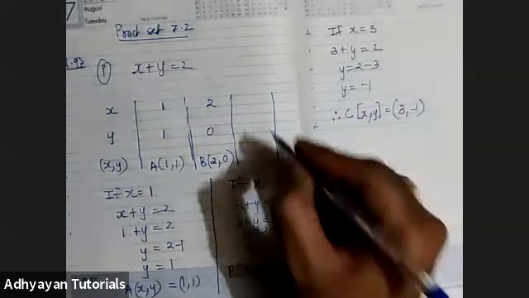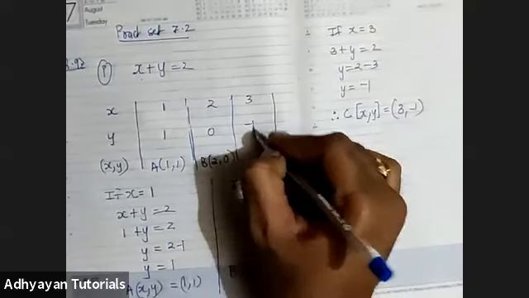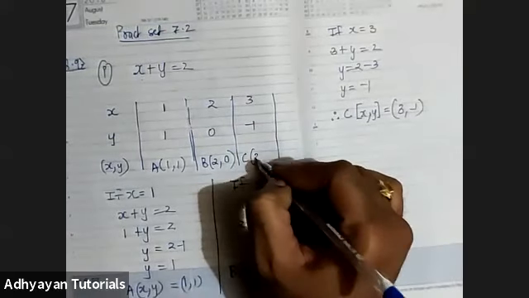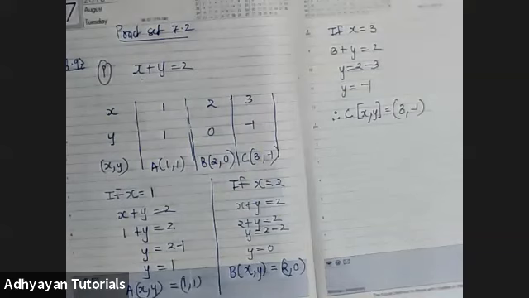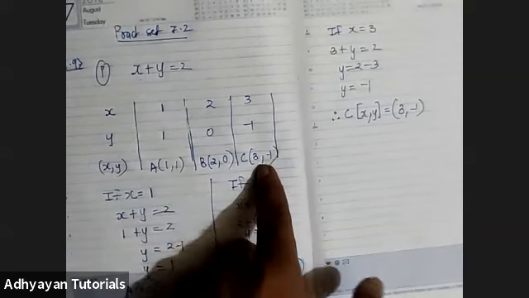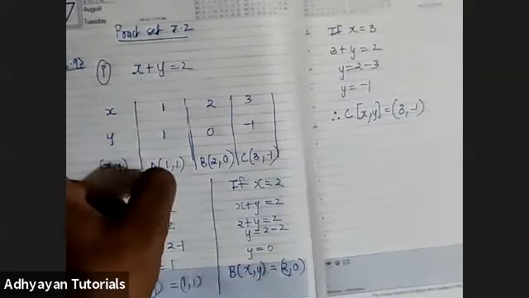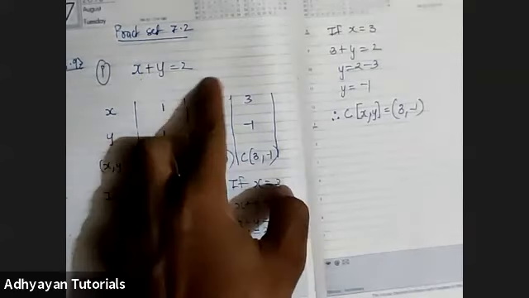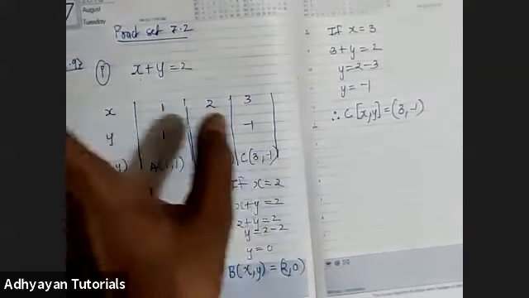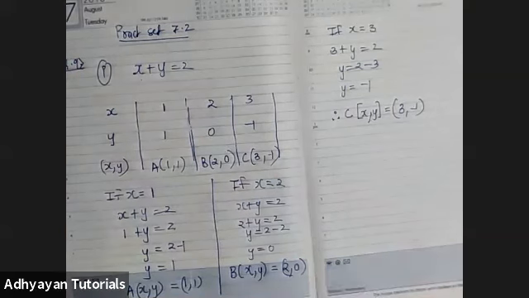I hope that is clear. Now we just need to plot those 3 points and join the line. The line we draw would be nothing but the graph for this equation. I'll show it to you all.